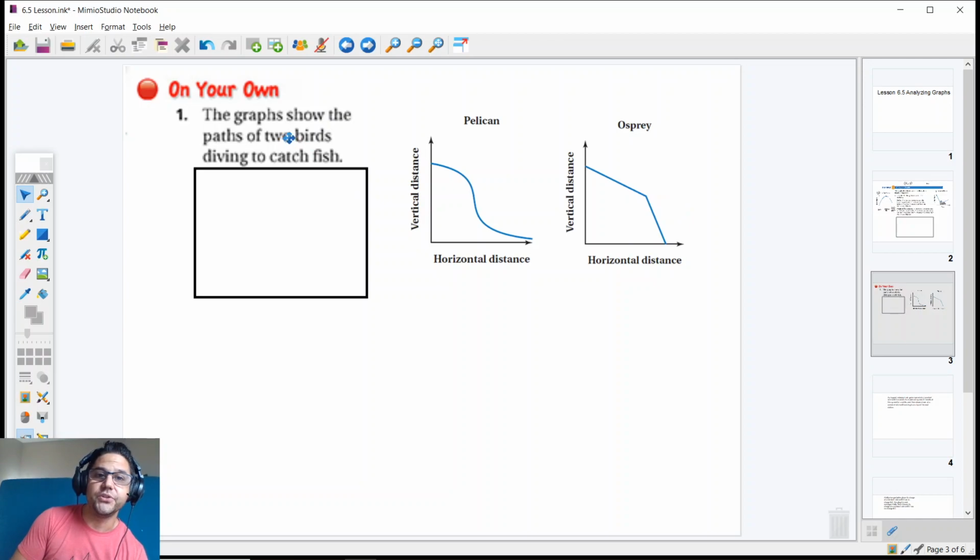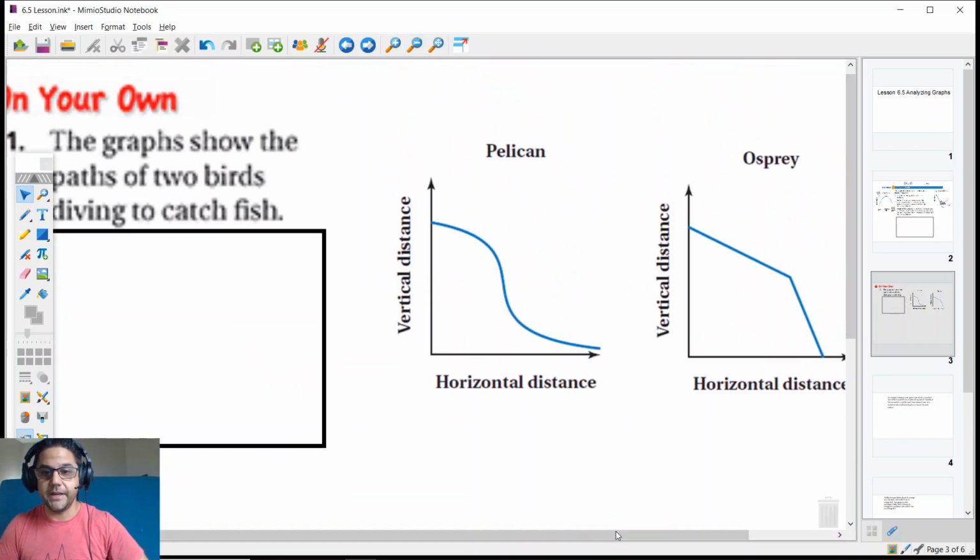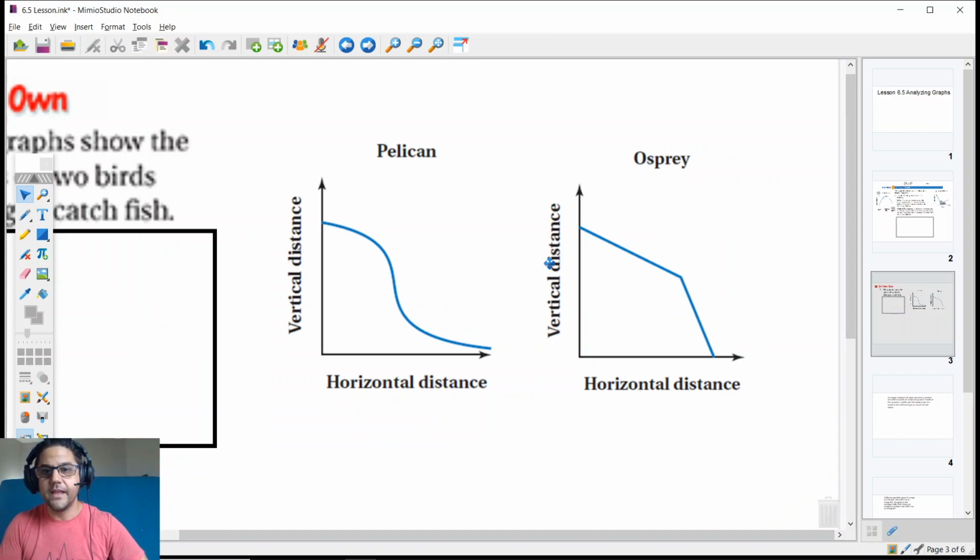So it wants you to, again, describe this. I like talking about the osprey first. Let's go here. So imagine a hunting bird. So it's way up high. And then it starts decreasing its height because that's the vertical distance, right? So as the horizontal distance increases, so it's flying and it's going across the land, its vertical distance, meaning the distance from the ground to the bird, is decreasing.